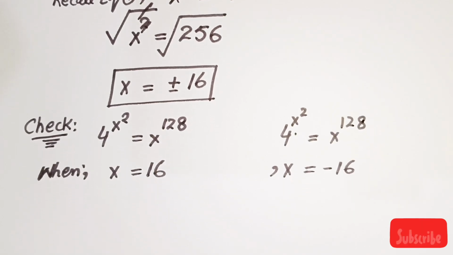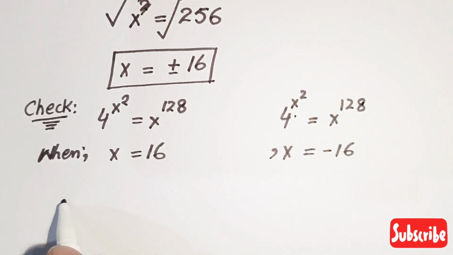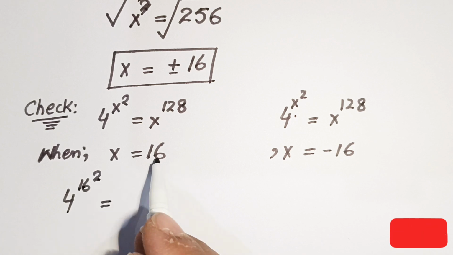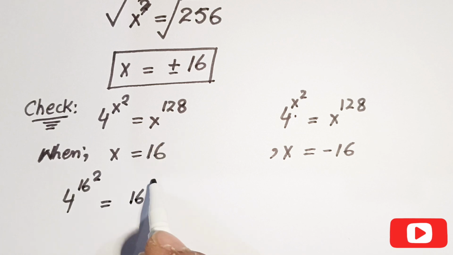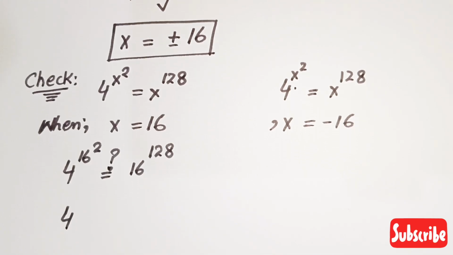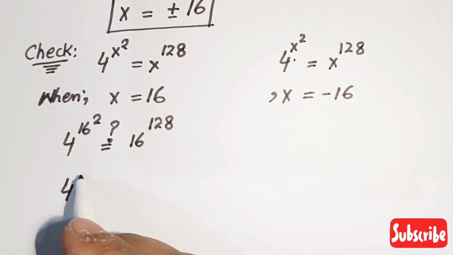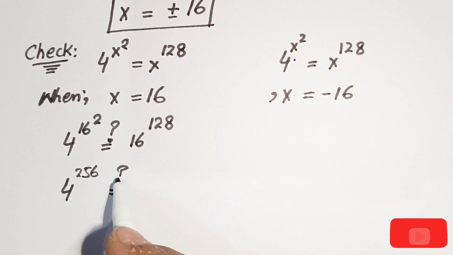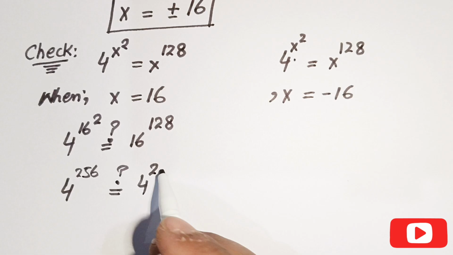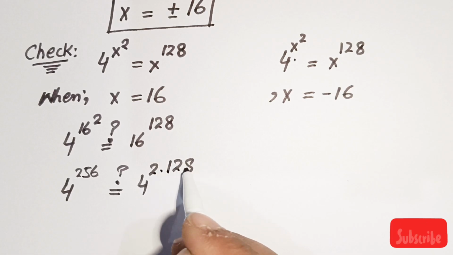Now in the first case, if we put 16, we get 4 to the power 16 squared, that is equal to x, which is 16, whole to the power 128. So now here 4 to the power 16 squared is equal to 4 to the power 256, that is equal to, here this 16 can also be written as 4 squared, times 128.